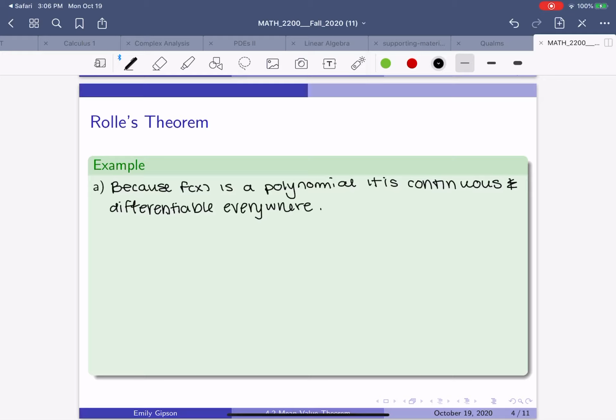So all we need to do is find a and b such that f(a) equals f(b).